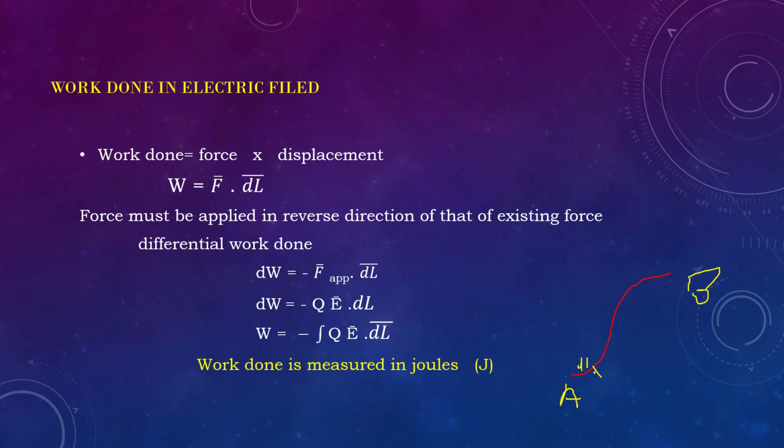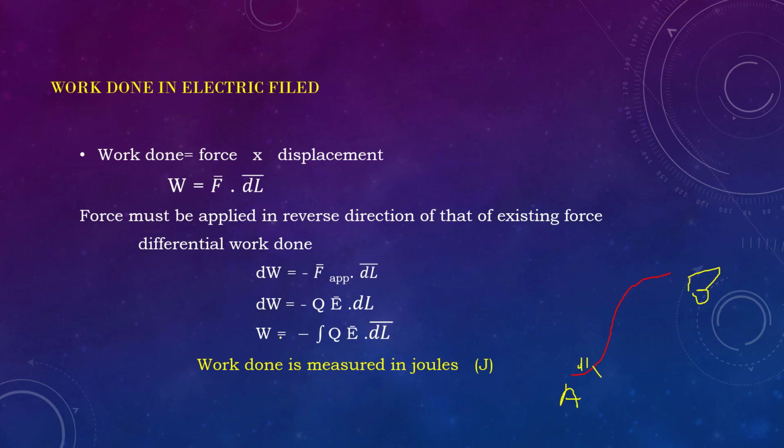We find the work done for this path, then for the next path, and so on, and we sum all the work done for the small paths. All the differential work done, when added, gives the total work done to move a charge from point A to point B.